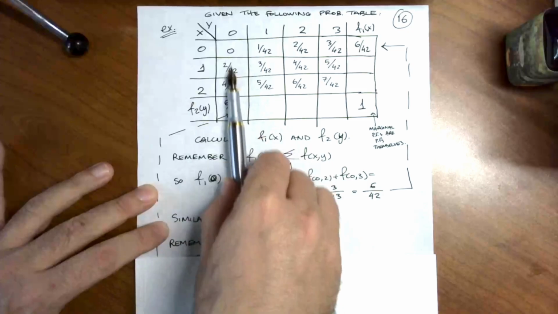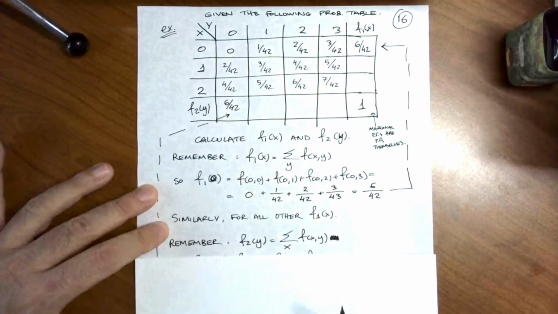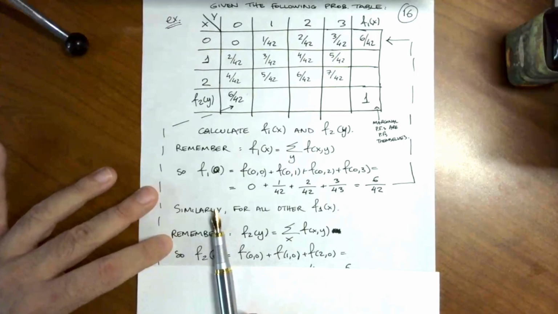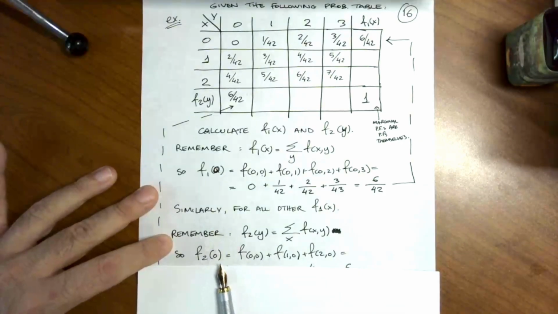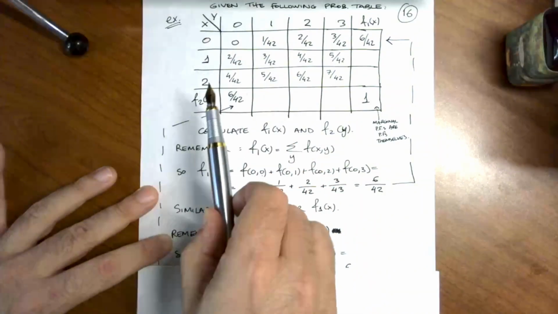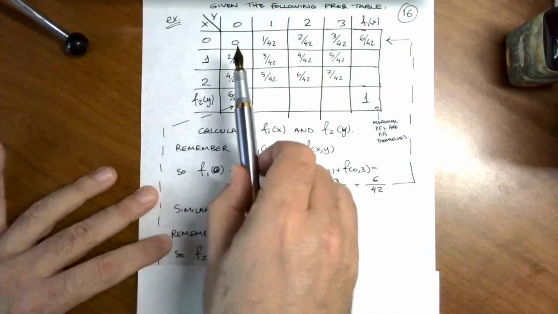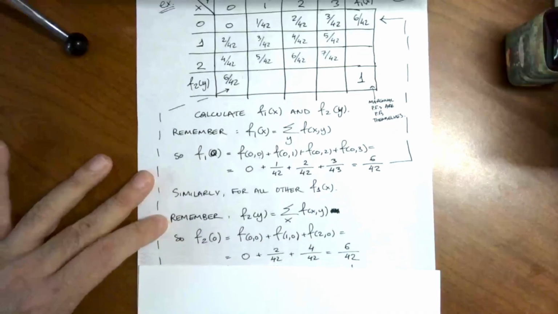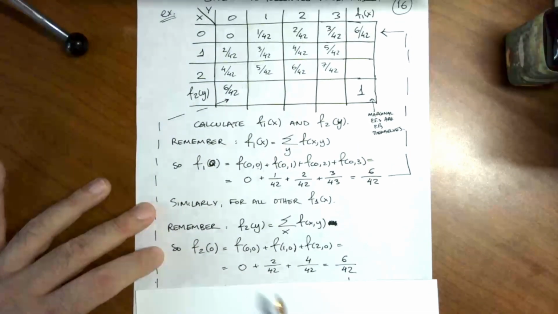This is a range of x's across the column. So you would be pinning down a particular value of y, let's say y is equal to 0, and adding up across the columns, across the possible values of x. So that would be 0 plus 2 over 42 plus 4 over 42. You should be getting that calculation here.